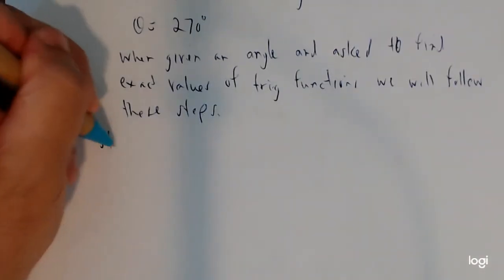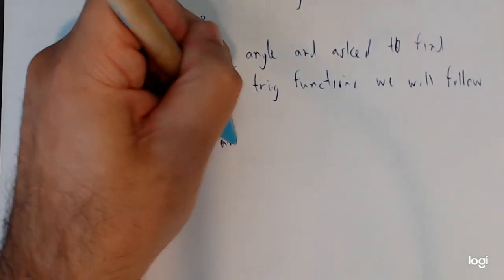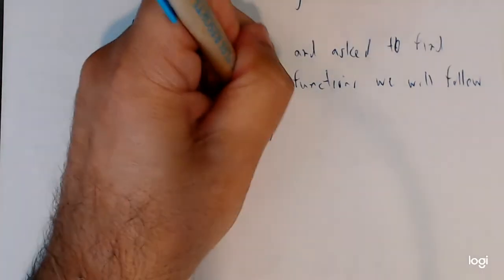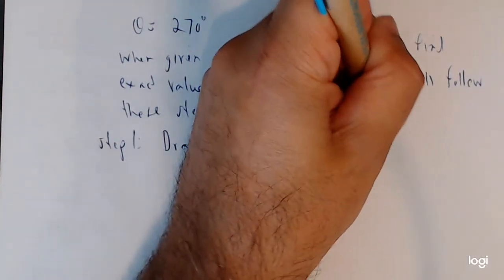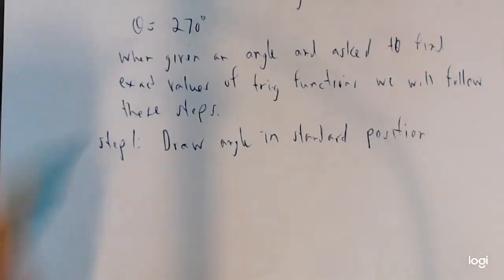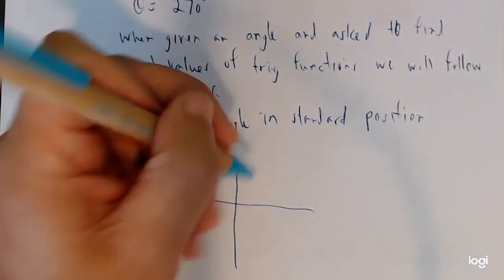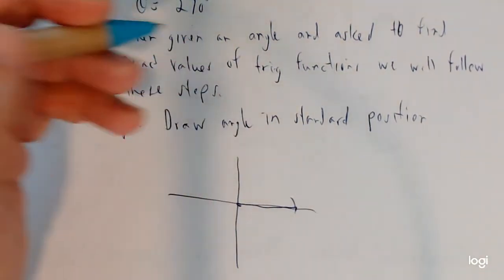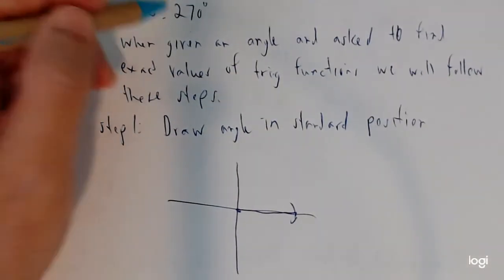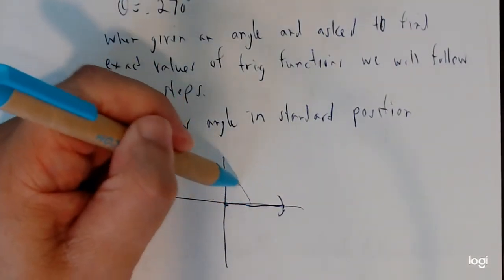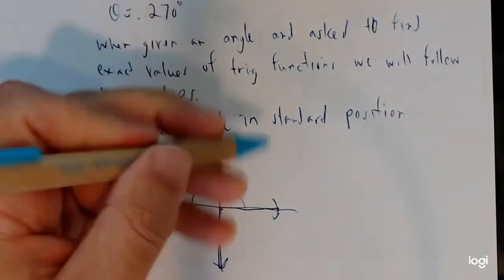Okay, so I'm going to give you the step by step. Step 1, draw the angle in standard position, which is not difficult, right? Because we have our angle, it's 270 degrees, and that in fact is a quadrantal. If this is my initial side and it's positive 270, I'm rotating counterclockwise: 90, 180, 270. So there's my terminal side.